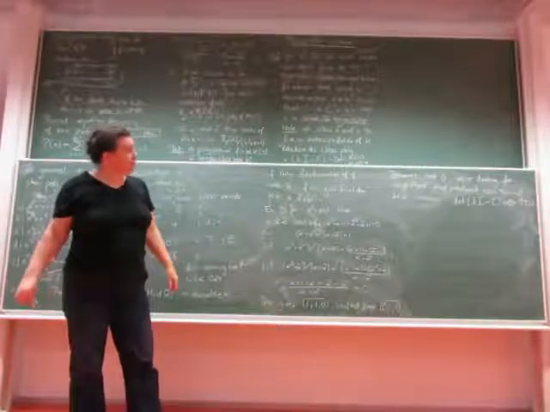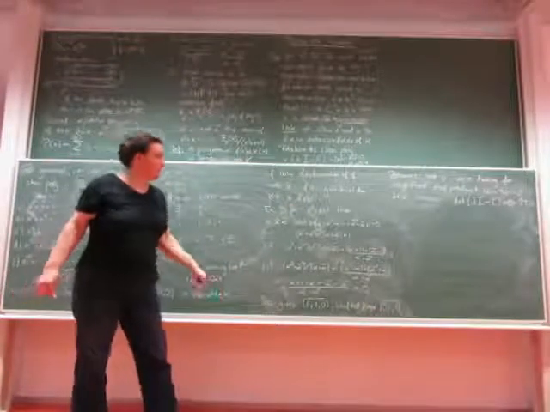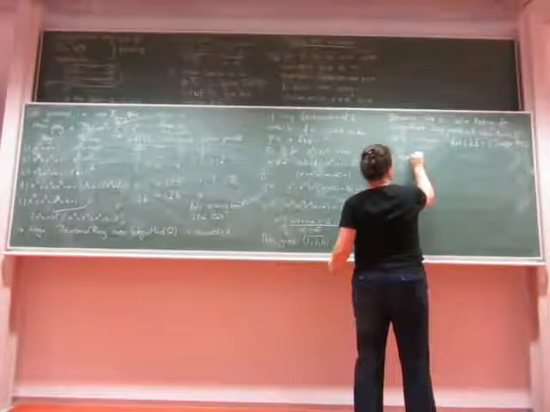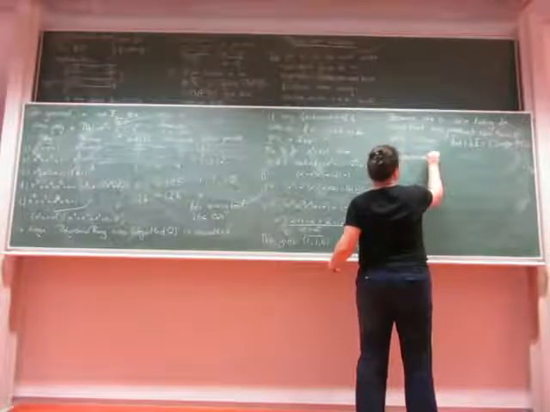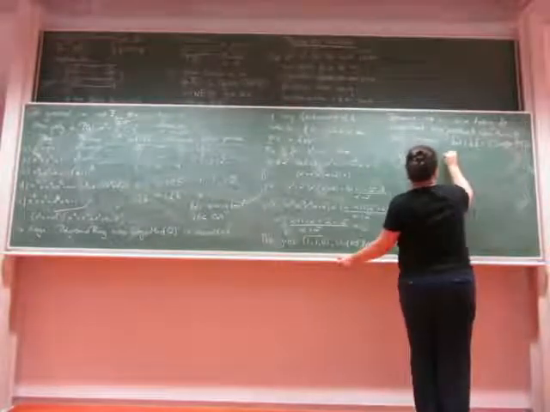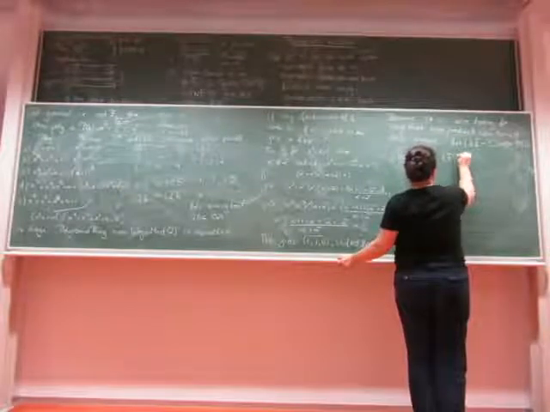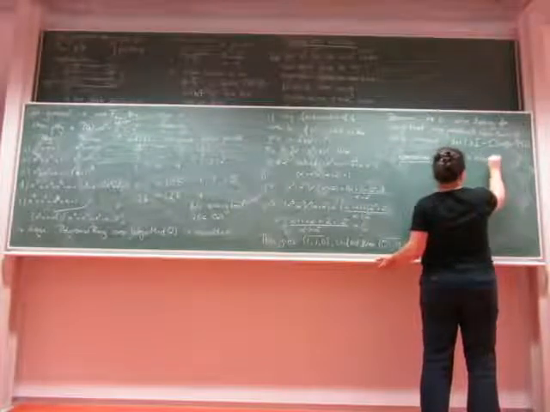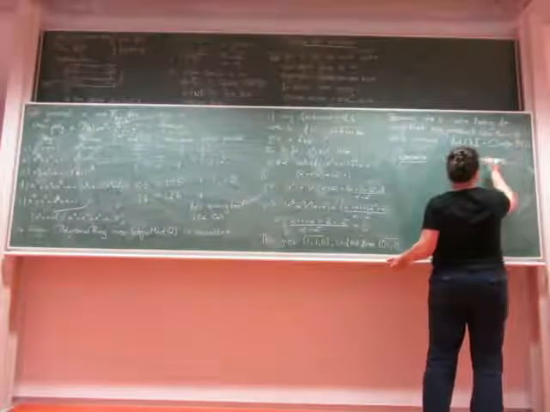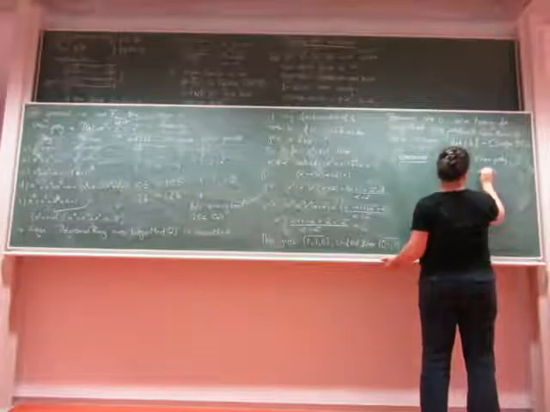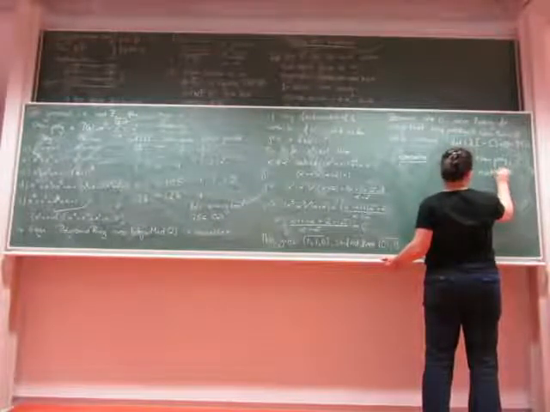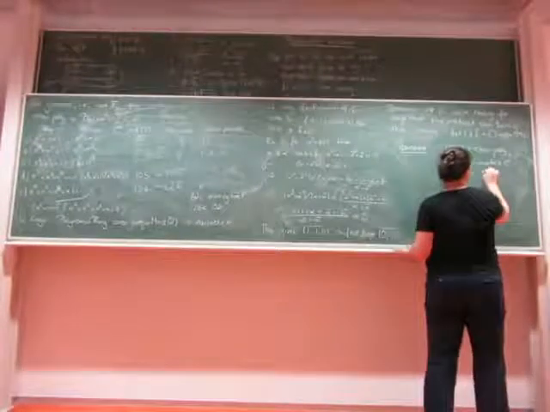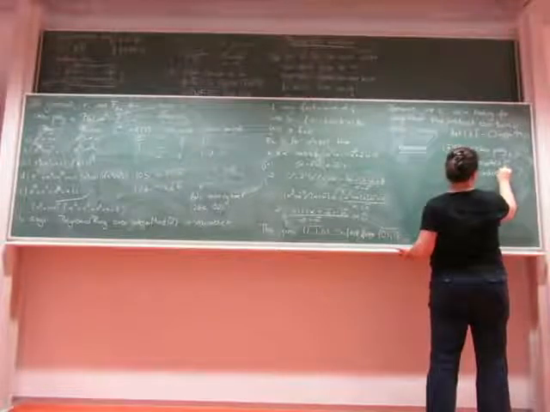What I expect you to remember is, if I give you an LFSR, then you need to know how to get the characteristic polynomial. You need to remember how to get the matrix.